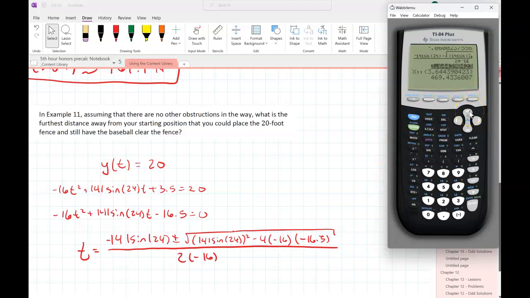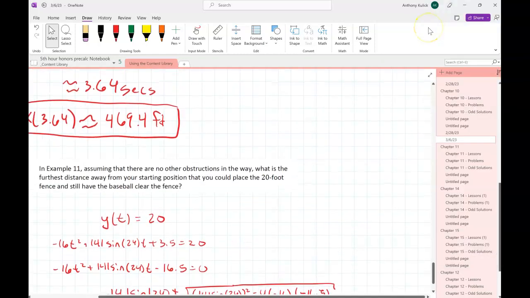Because guess what Mr. Kulik's going to do? I'm just going to go retrieve that last one and just change that to negative 16.5. That's pretty nice. So I get 3.85 seconds.